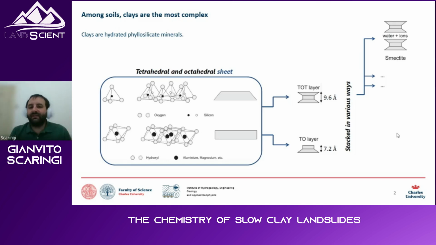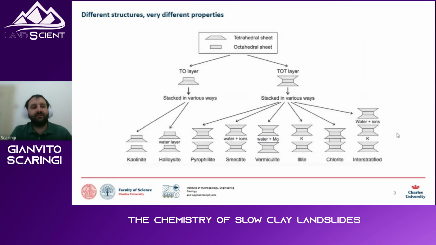Depending on the way these layers are stacked, you can obtain different clay minerals, and these different clay minerals have completely different properties. You can go from quite compact stacks, which do not have much activity, very stiff, very hard, like those of chlorite, to different structures that can exhibit plastic behavior and interact with water in various ways.